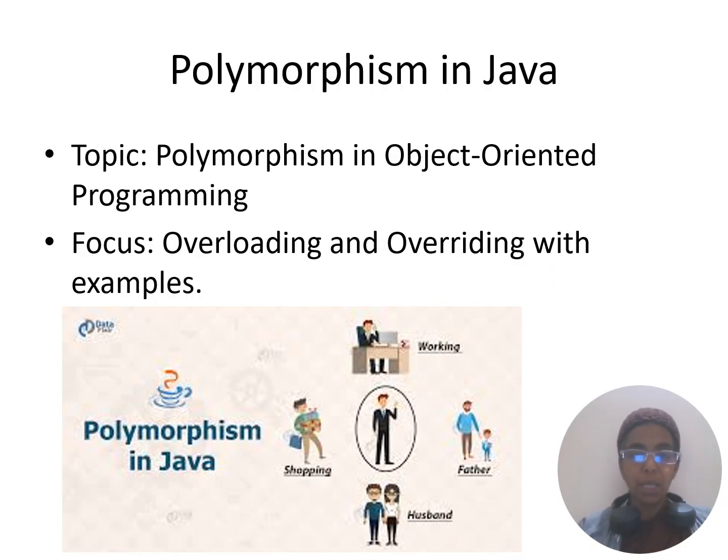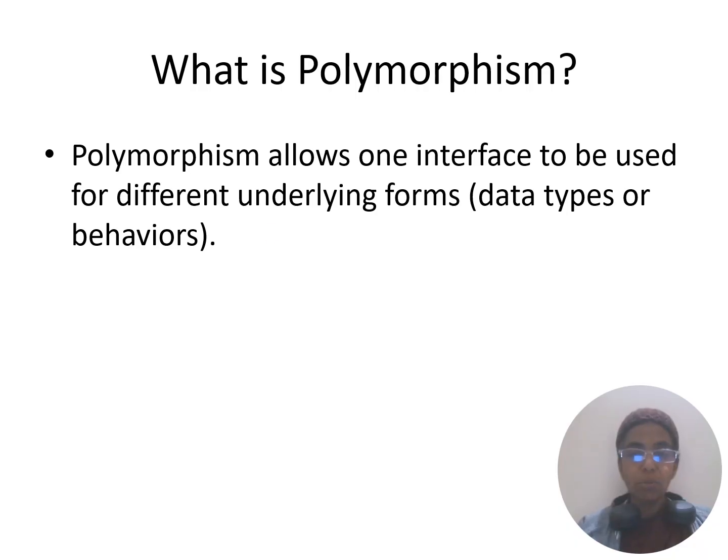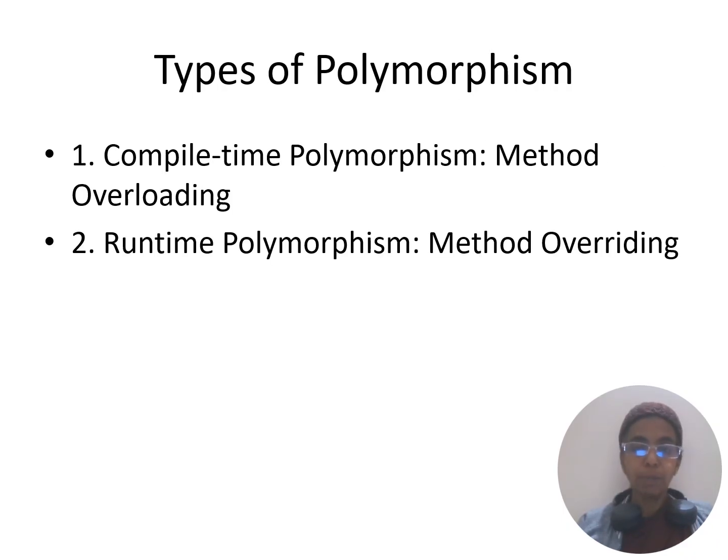Let's see with examples. So what is polymorphism in Java? Polymorphism allows one interface to be used for different underlying forms, that is, maybe data types or behaviors. Even data types can be polymorphed, and even functions can be polymorphed. Let us see how we can do it especially in Java.